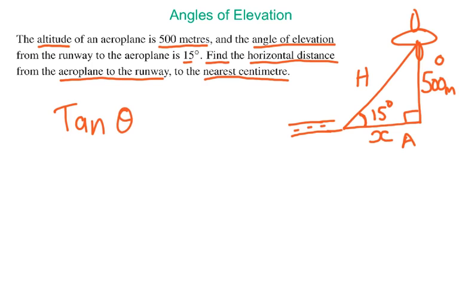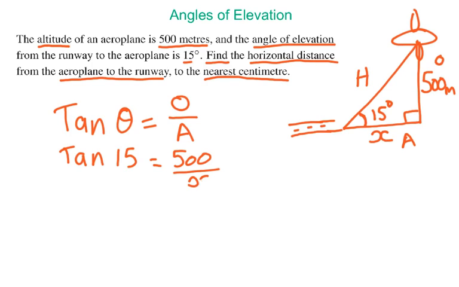Tan theta is equal to opposite over adjacent. My theta is 15 degrees, my opposite is 500, and my adjacent is the x. This is that scenario where x is doing the dividing, so remember, we need to swap those two around.